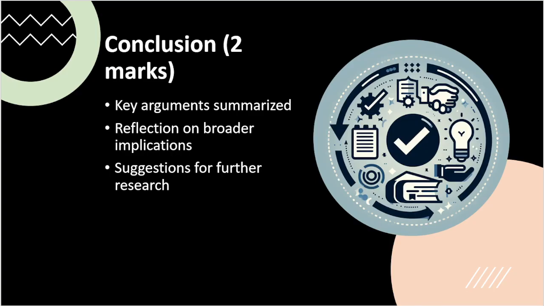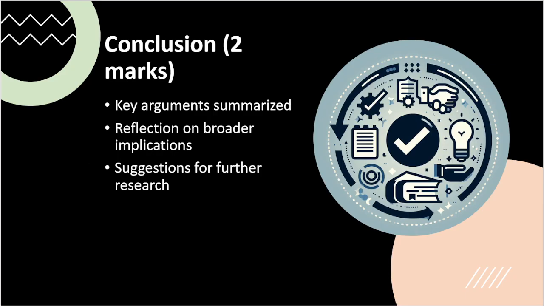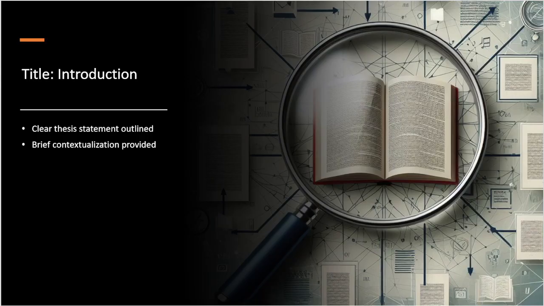But again, the chunk of your marks would come from the body paragraph. That is the test of your understanding of the topic itself and the analysis itself. And then you have the conclusion and introduction.